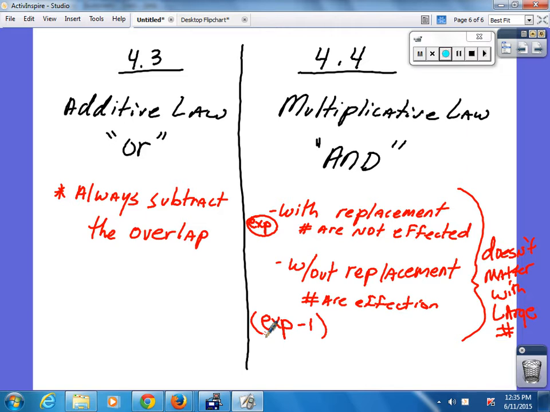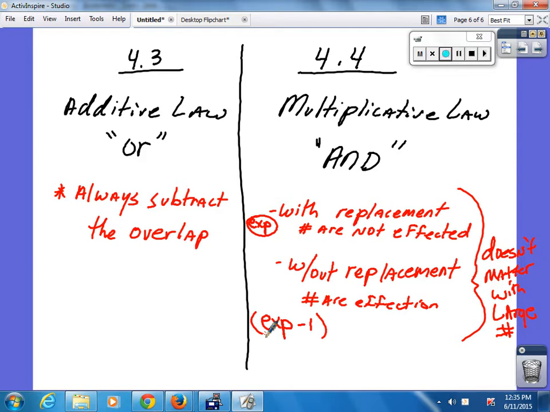Because each time you pick one and put it in your pocket, what happens? The pot changes from 10 to what? 9. You get a minus 1 each time, and that exponent is affected. So with replacement, it's just going to be the exponent. Without replacement, it's going to be the exponent minus 1. All right? Now, that's the difference between the two sections.